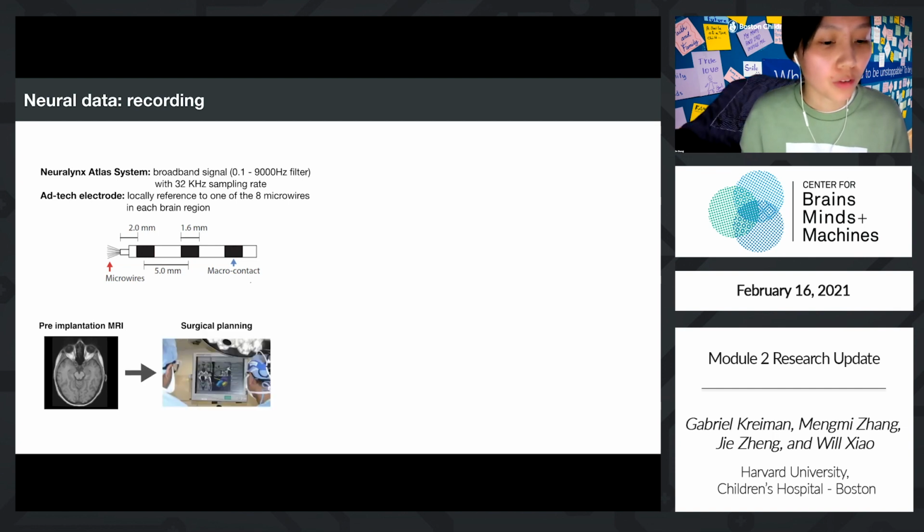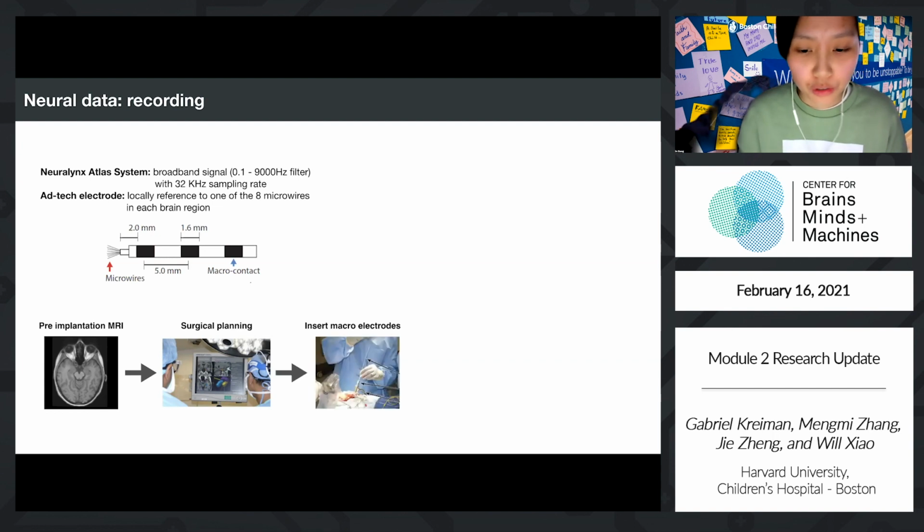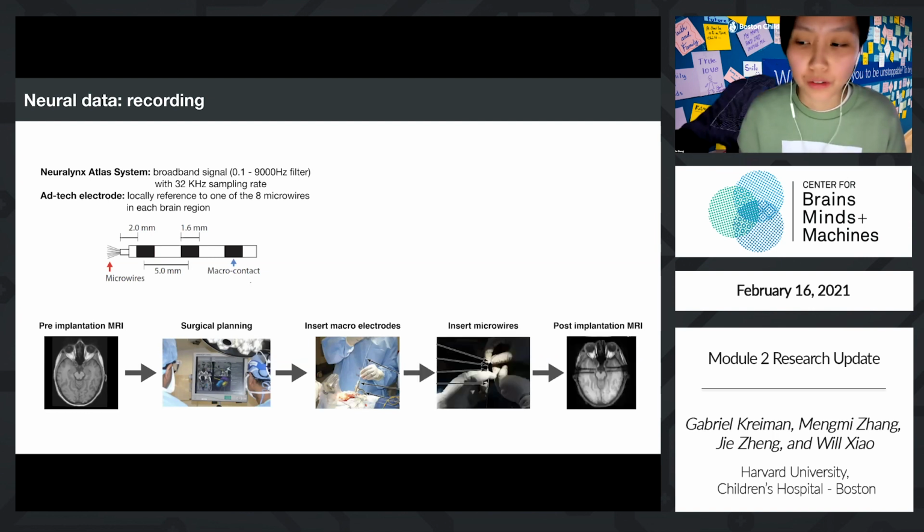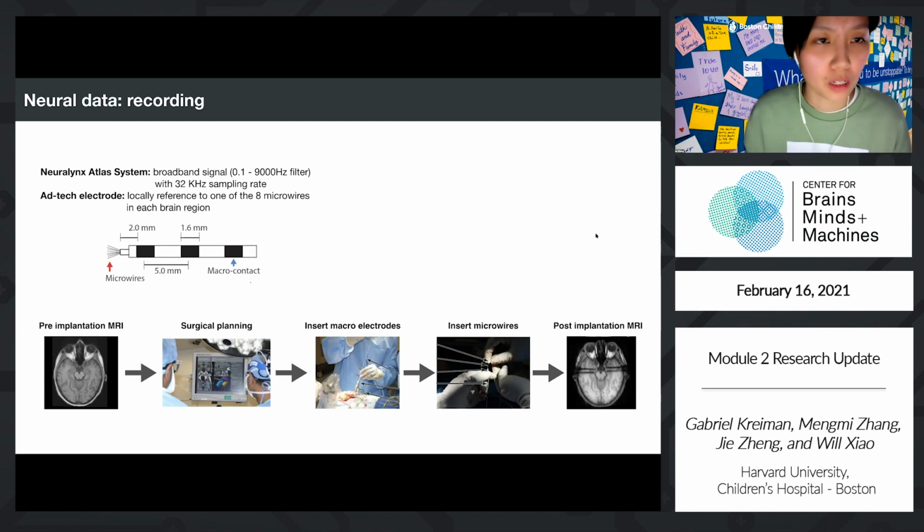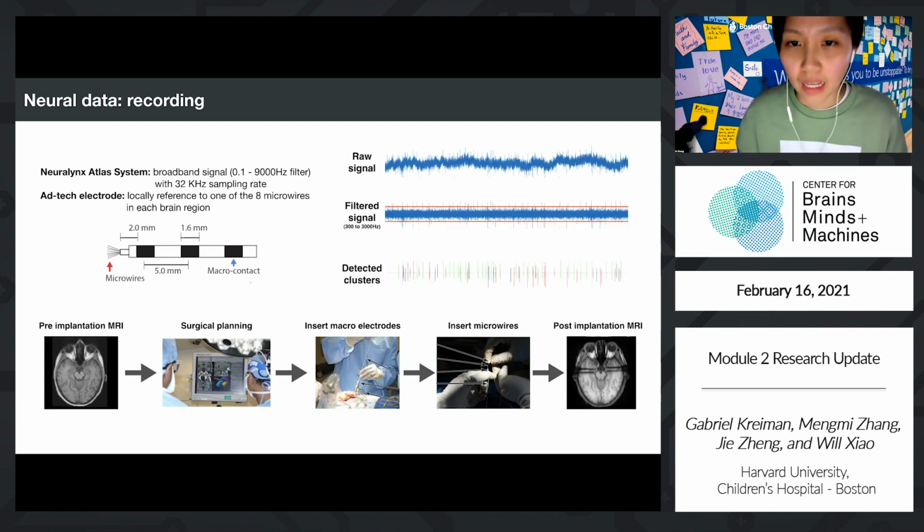Based on that, the neurosurgeons and neurologists do surgical planning to determine where to insert the electrodes. During the surgery, they insert the macro electrodes first and use them as guidance to insert the micro wires. After that, they do another post-implantation MRI or CT to help us localize where those electrodes are.